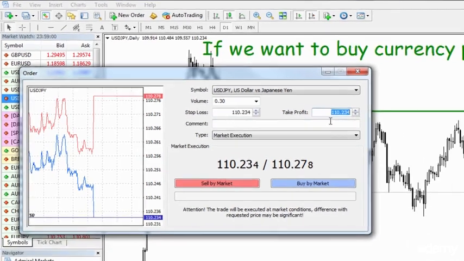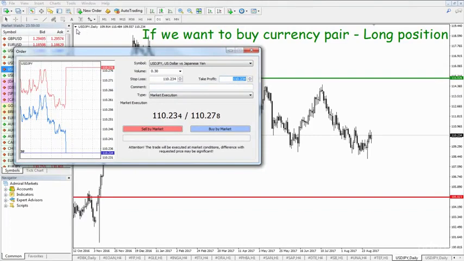For example, if we trade the currency pair US dollar Japanese yen and we believe that it will grow from the current price, the stop loss will be placed below the current price. If the current value of a dollar is 110 yen, as we can see, and we believe that it will not fall below 105 yen per dollar, then we will enter a price of 105 in the stop loss field.